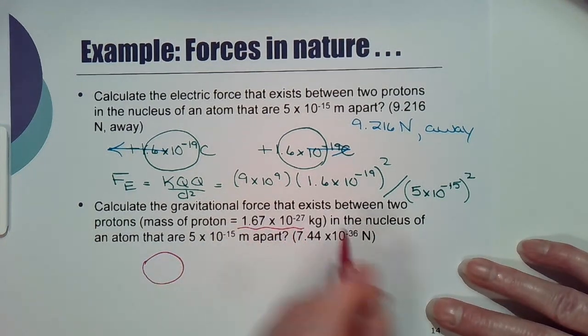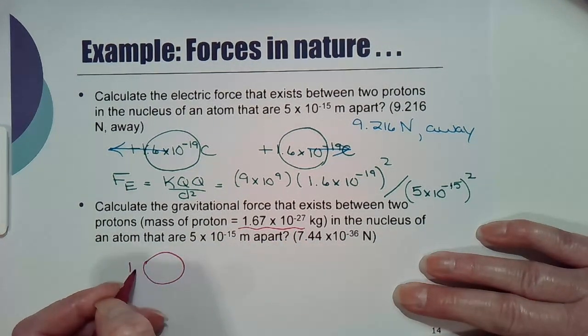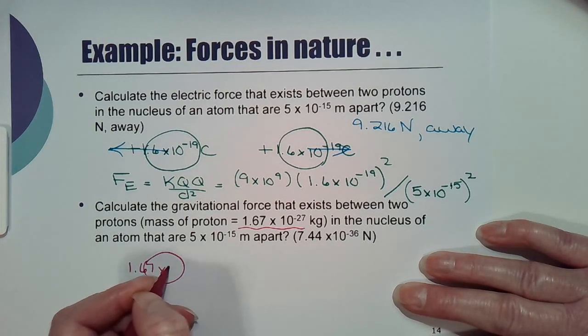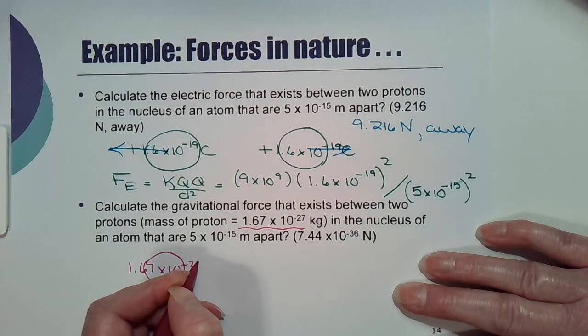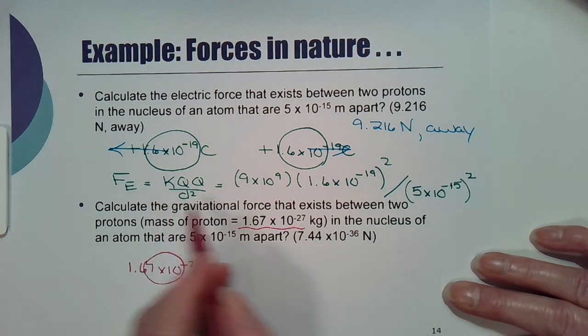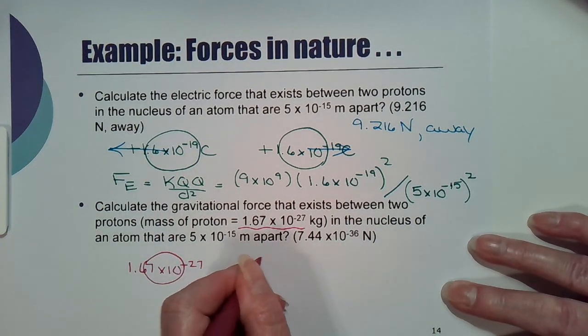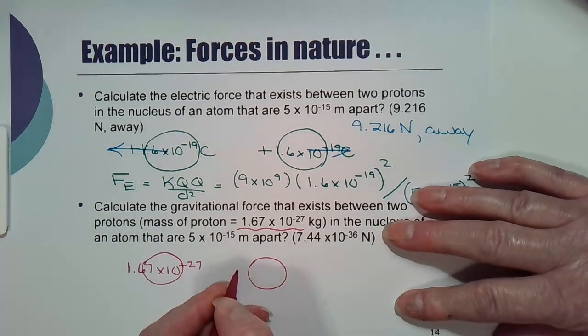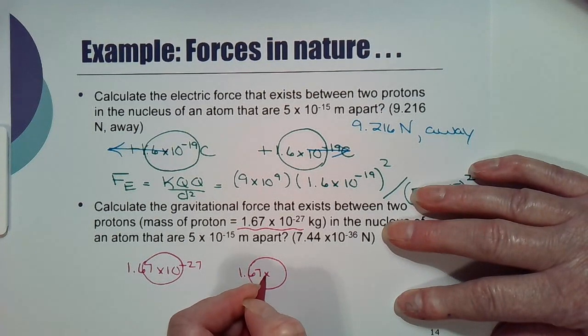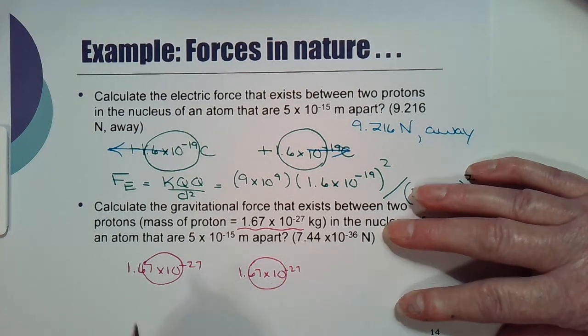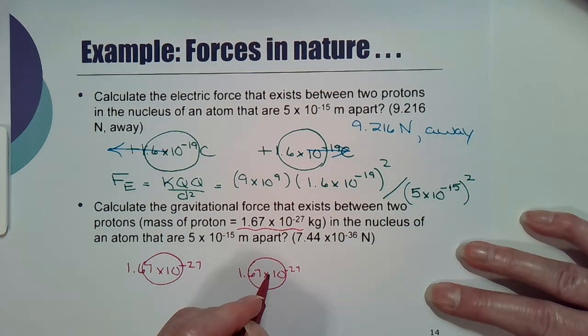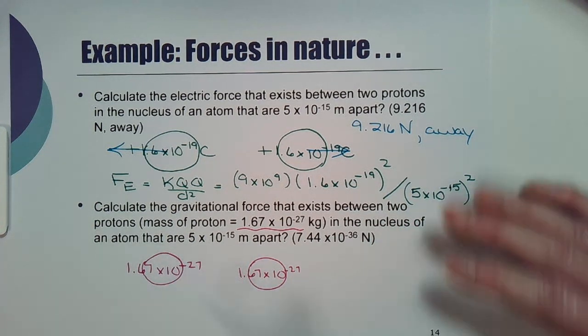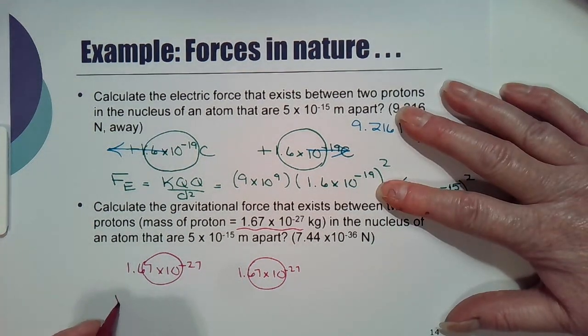I looked that up on the internet: 1.67 times 10 to the minus 27. All right, so I'm going to have another proton because I'm sure there's another proton very nearby, times 10 to the negative 27. And they are the same distance apart. But now I'm calculating the gravitational force of attraction, which is this equation, G m m over d squared.